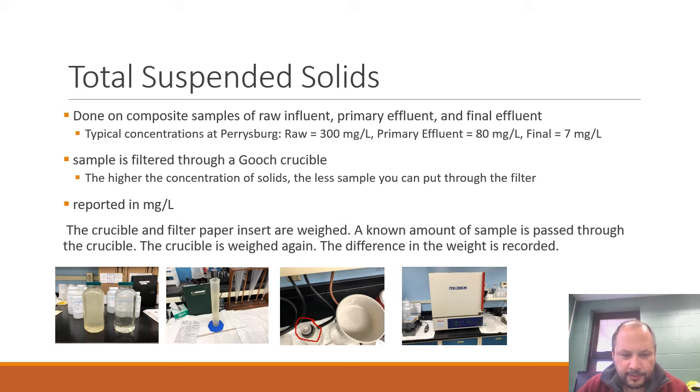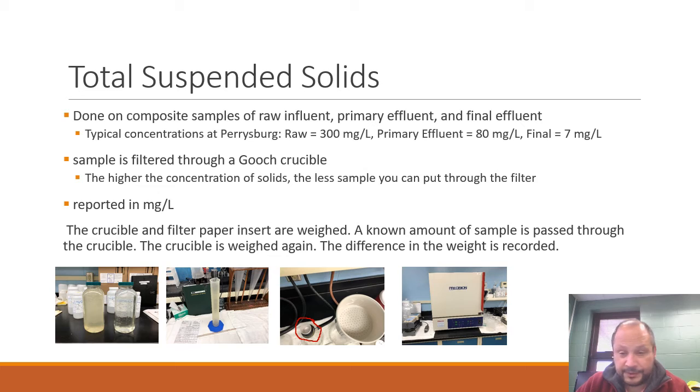And we would take a sample. We would weigh this crucible on the filter paper, and then we would pass a sample through it, filter out the solid material, and then weigh the crucible again after putting it in a drying oven to evaporate any water that might have collected in the filter.